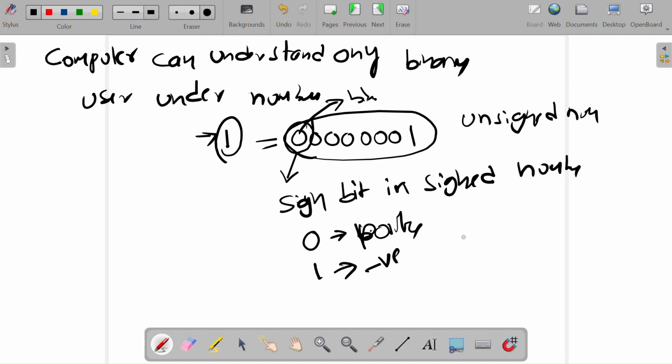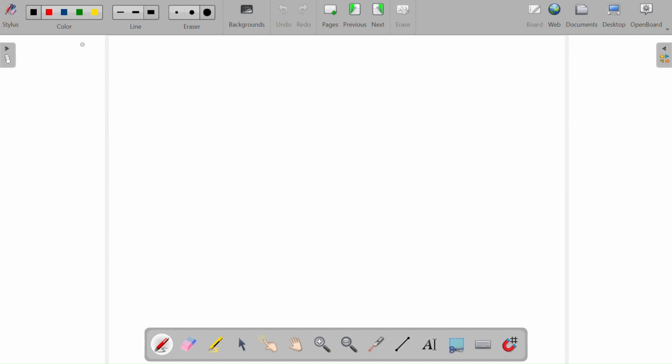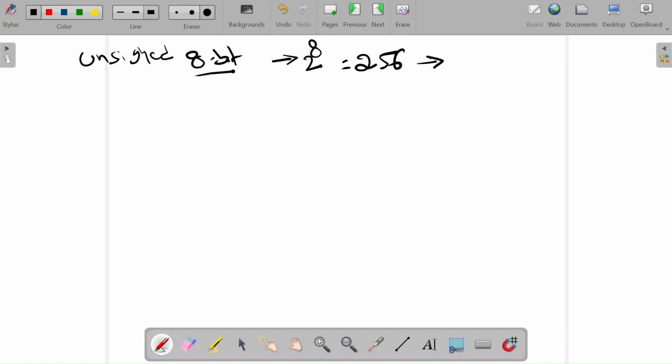Let's say an unsigned 8-bit number, 8-bit representation. The maximum range of these unsigned numbers is 2 power 8, 256, that is 0 to 255 maximum values. But how can we represent a signed 8-bit value?